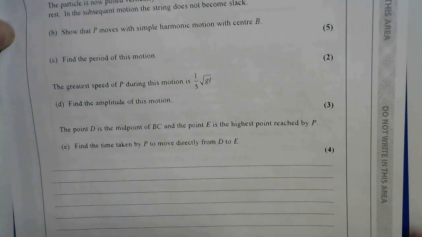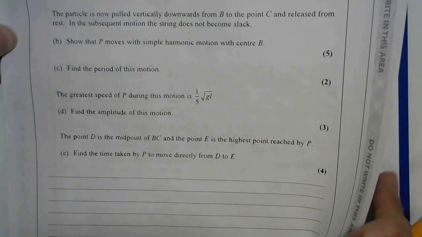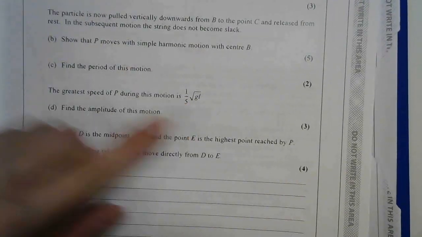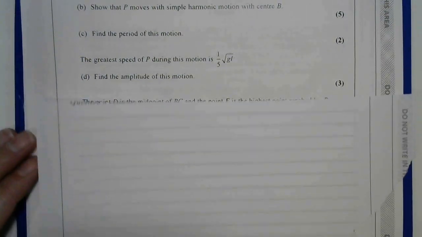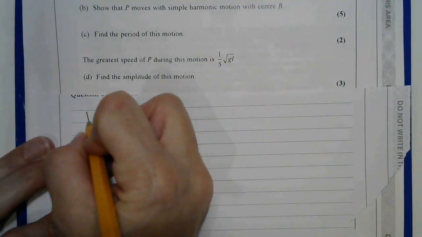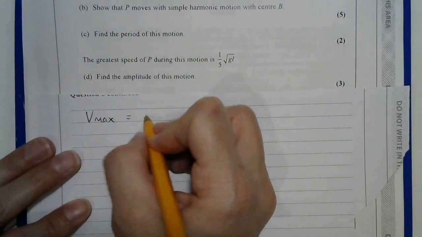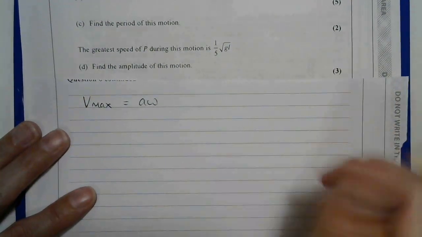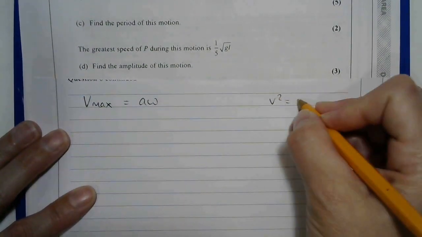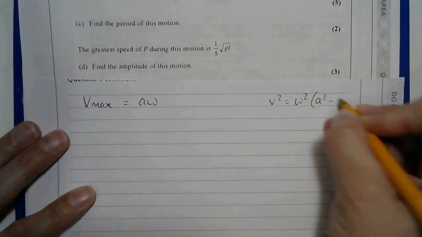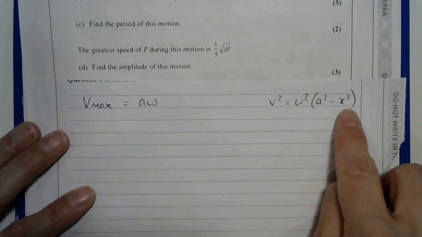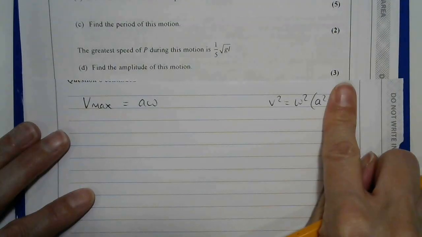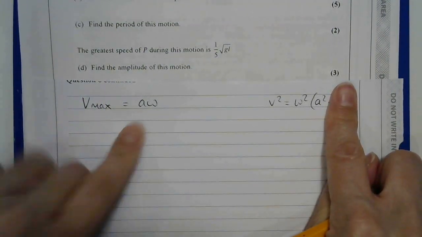Then it tells me the greatest speed of P during the motion is this, and I'm asked to find the amplitude of the motion. I know that V max is A omega, and this can be deduced from the equation v squared is omega squared times (A squared minus x squared). You can see the biggest value of this will happen when x is 0, so that will disappear, and you end up with this formula.